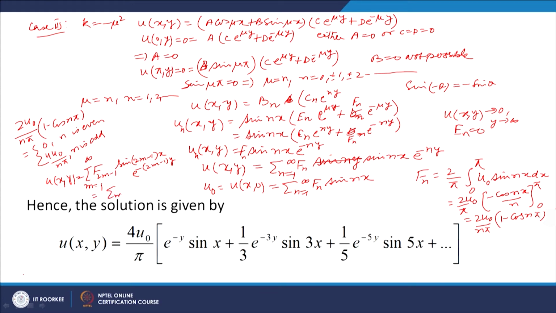So, summation m equal to 1 to infinity 4 u naught divided by (2m-1) pi, then sin((2m-1)x) e to the power minus (2m-1)y. So, we get this solution. You can take m equal to 1, 2, 3 and so on, and you get these solutions.